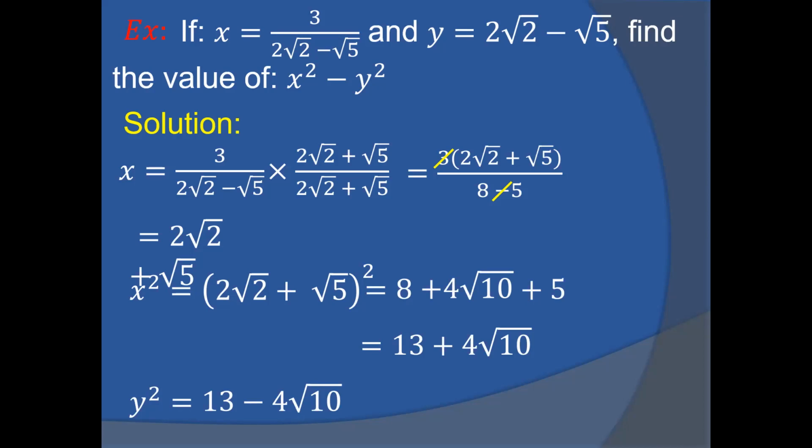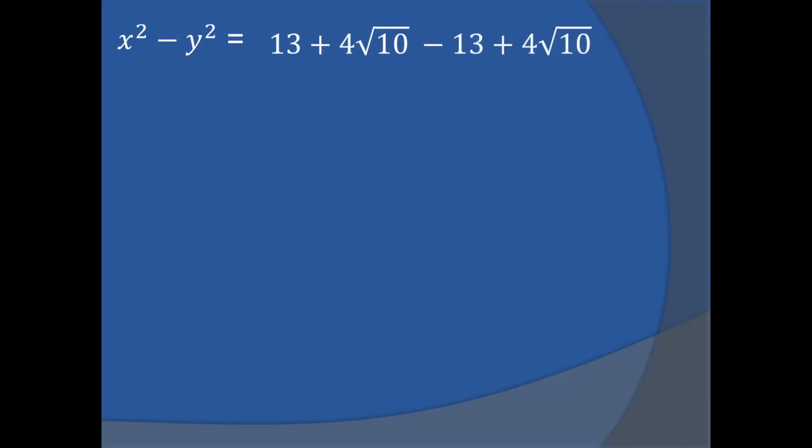And we said before that if x and y are conjugate numbers, then x power 2 and y power 2 are also conjugate numbers. So I can solve it without the steps. X power 2 equals 13 plus 4 root 10, so y power 2 must be 13 minus 4 root 10. X power 2 minus y power 2 equals 13 plus 4 root 10 minus 13 plus 4 root 10. Why 13 plus 4 root 10?